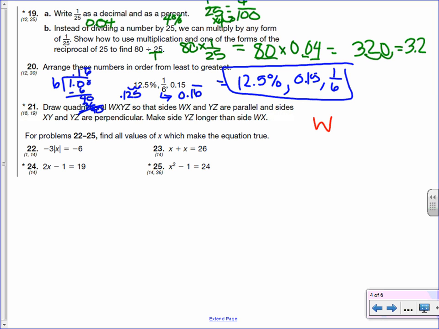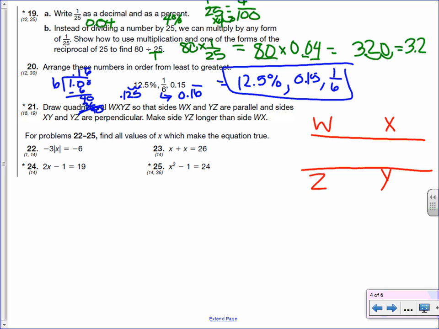W, X, Y, Z. WX and YZ are parallel, means they don't intersect. YZ is longer than WX.